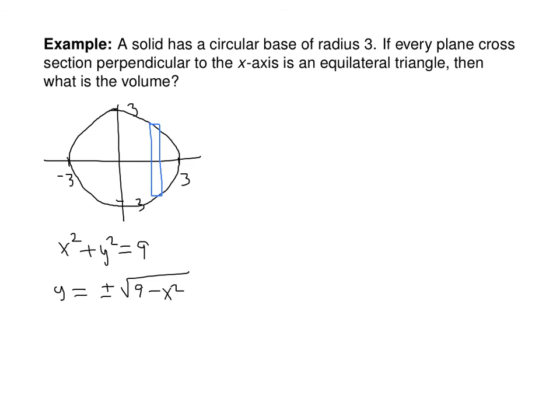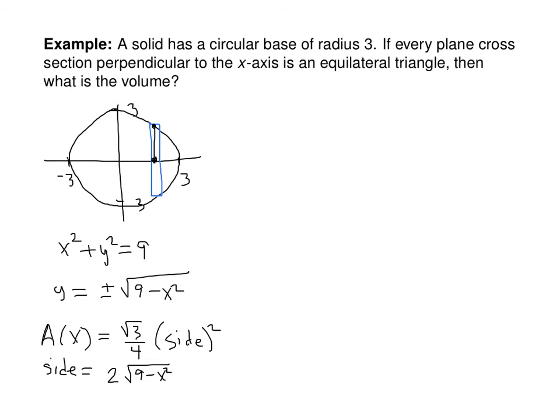Now in this case, the area of a cross section will be root 3 over 4 side squared. So we need an expression for the length of a side. And in this case, the distance from the x-axis up to the curve is root 9 minus x squared. So the whole side is twice that, 2 root 9 minus x squared.